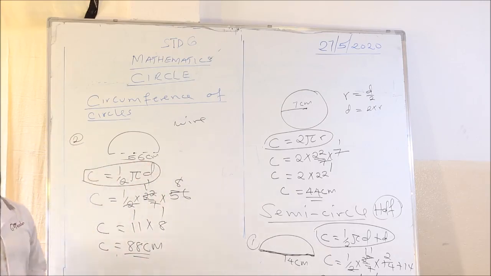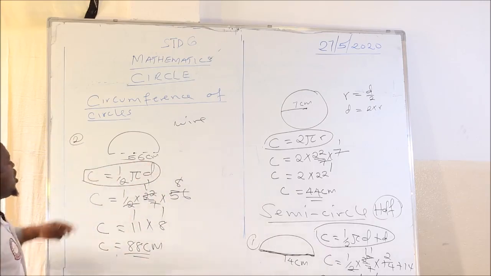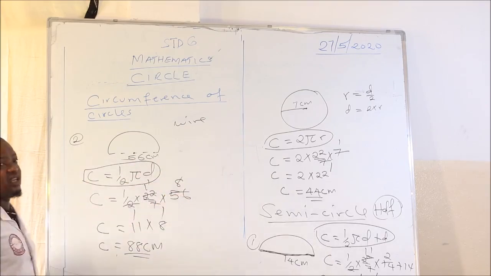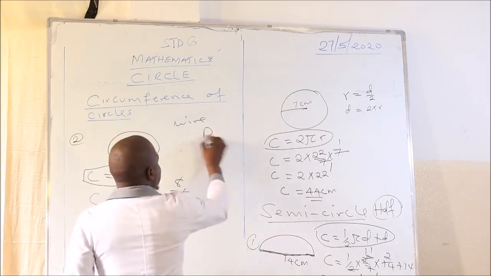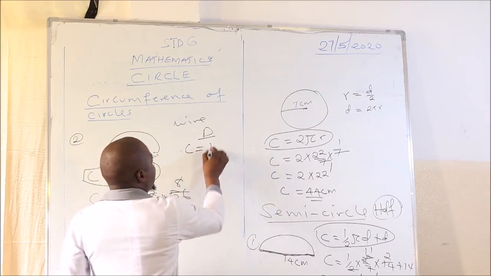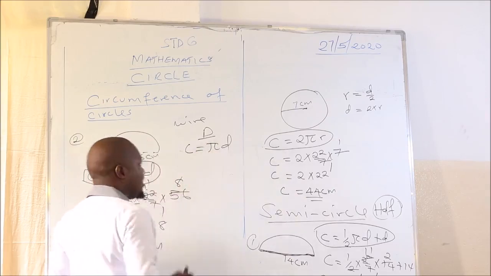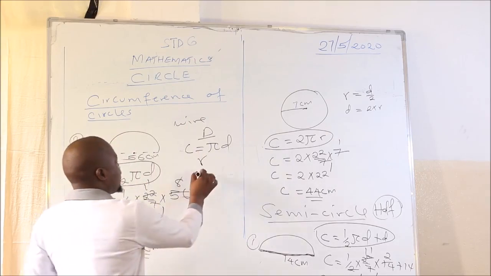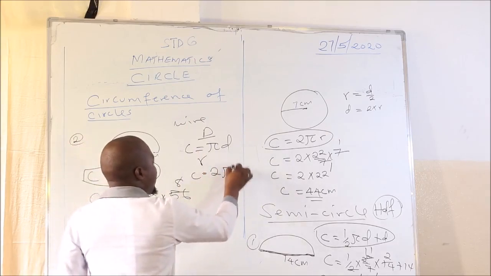Just to remind you, we have discussed the circumference of a circle. When you are given diameter d, we have said that the circumference is equal to pi d. But when you are given radius, we have said that circumference is equal to 2 pi r.